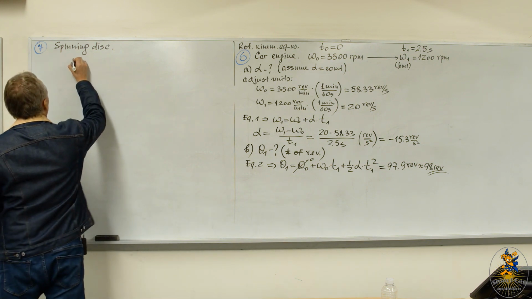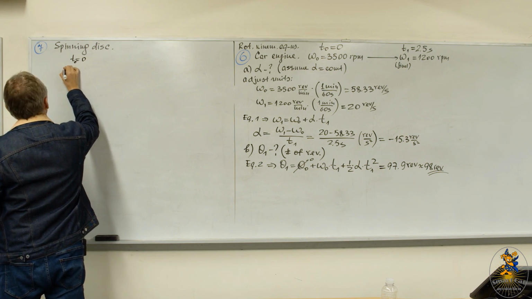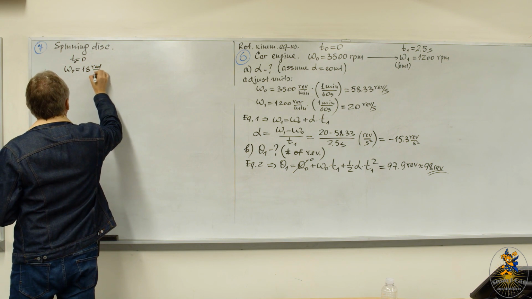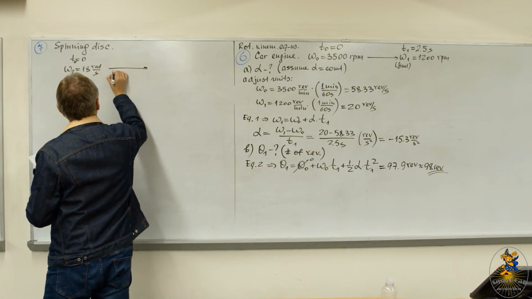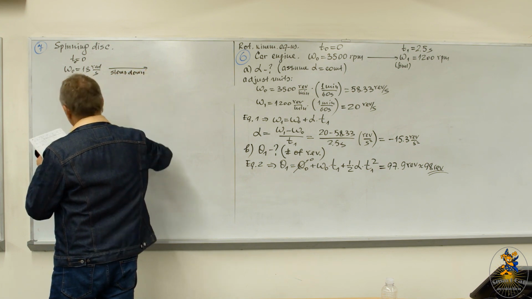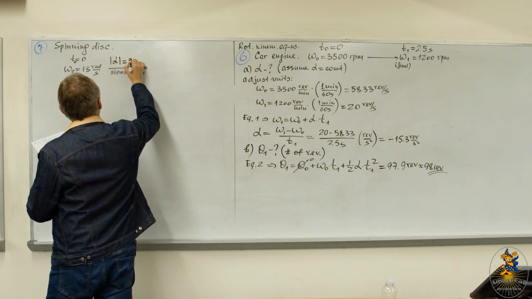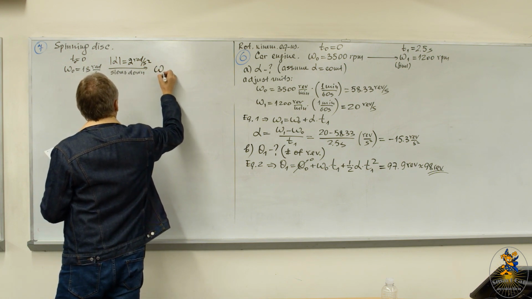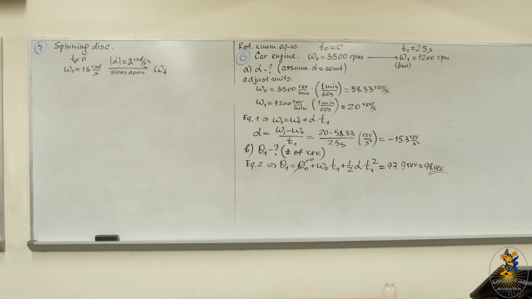At t equals 0, it's t naught. So what do we know? Omega naught equals 18 radians per second. Then it slows down at the rate, angular acceleration equals 2 radians per square second. And omega final, it stops, 0.